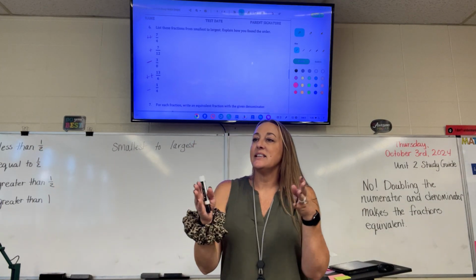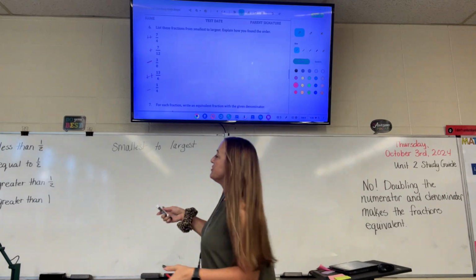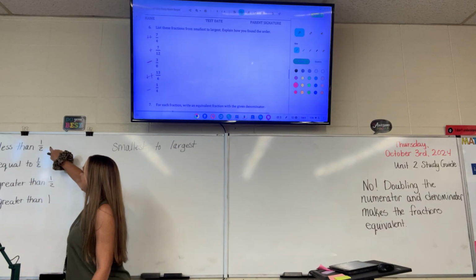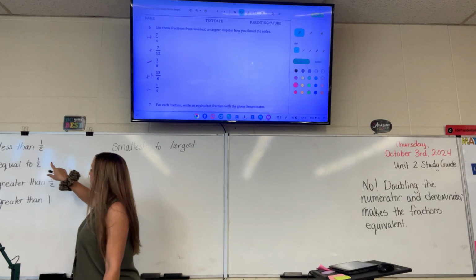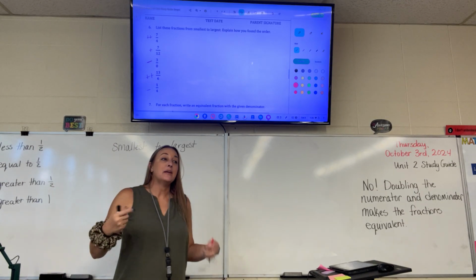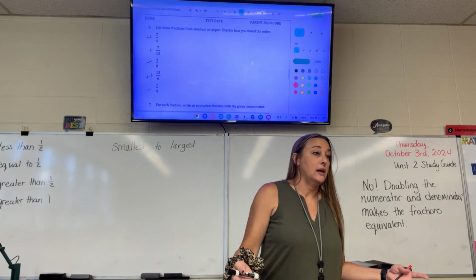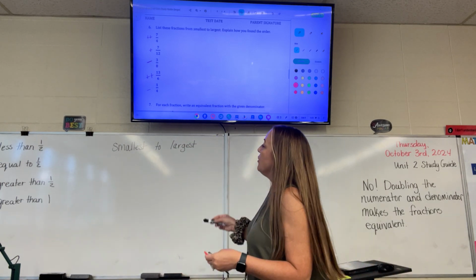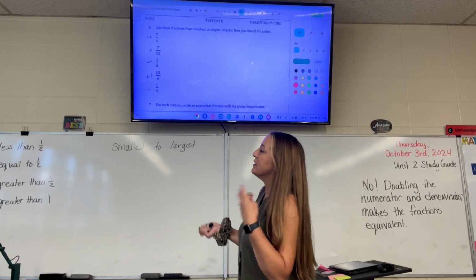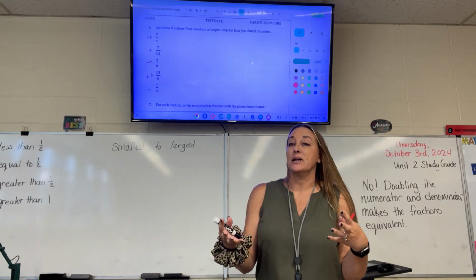So they're less than half of a pizza. So think about what these sizes mean: less than half, exactly half, greater than half, or greater than 1 whole. Think about those as amounts of pizza, okay? So how are we gonna decide which is the smallest?